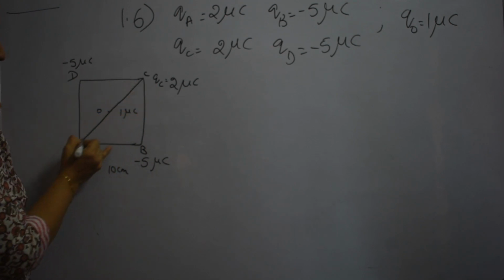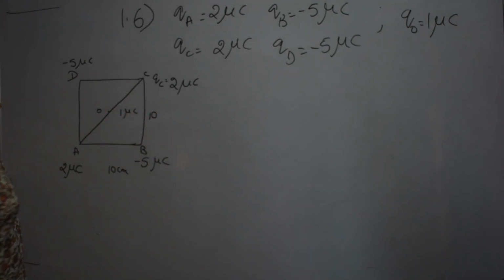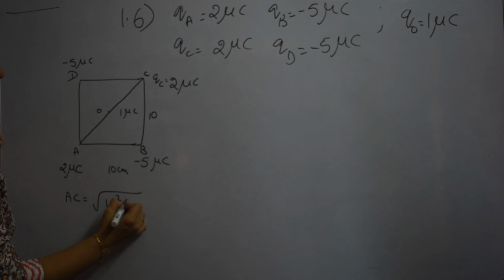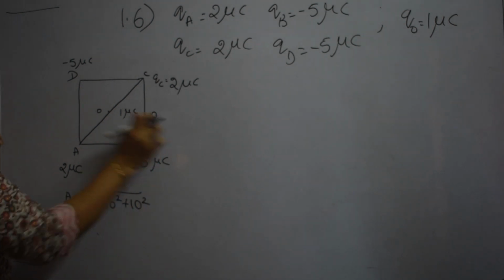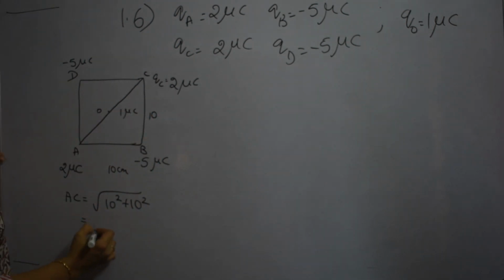How will you calculate the diagonal? AC is equal to root of 10 square plus 10 square, root of 200, 2 into 100, square root of 100 into 2, 10 root 2 centimeter.